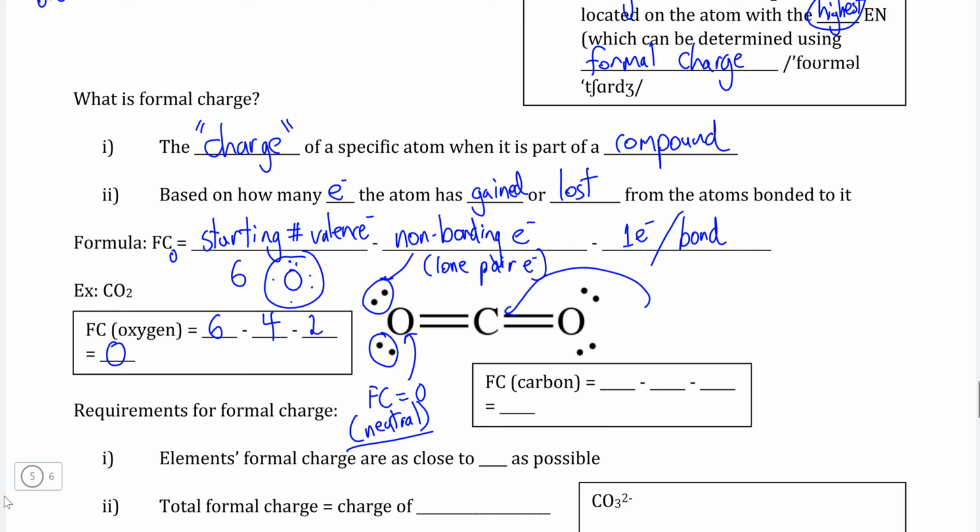Now, if we do this with carbon, the calculation is actually even easier because carbon starts with 4 valence electrons that we see here. It does not have any lone pair electrons because carbon only has unpaired electrons, and we can see 1, 2, 3, 4 bonds with carbon. 4 minus 0 minus 4 is 0, meaning that the carbon here is also neutral.